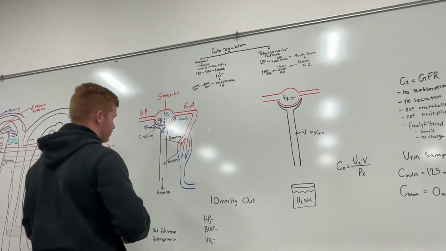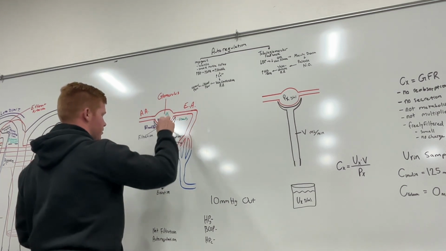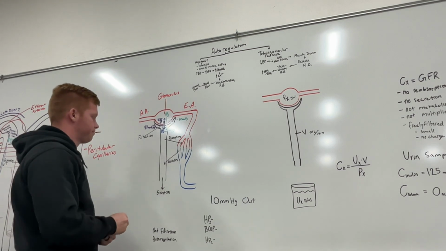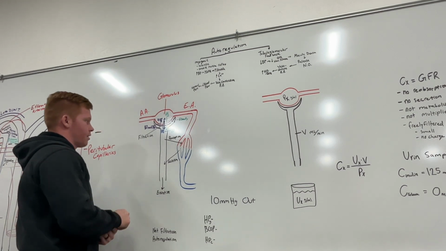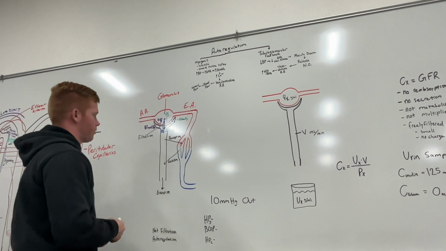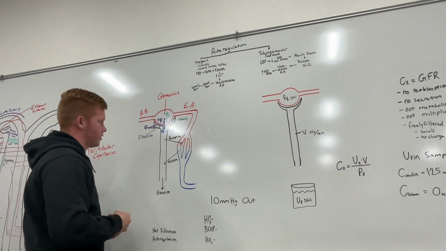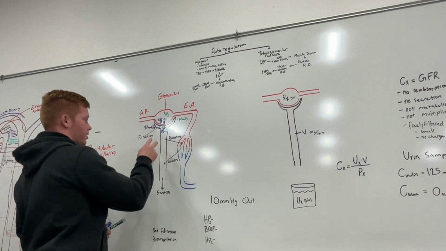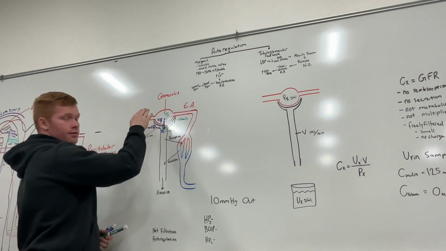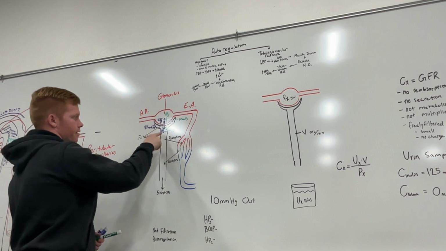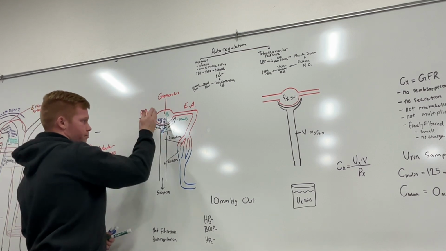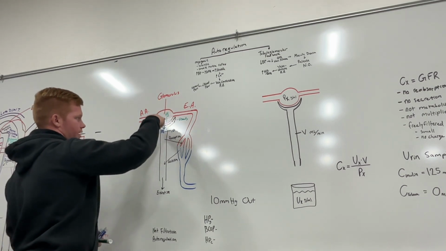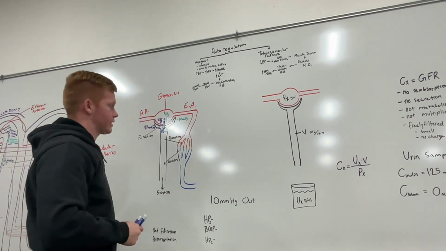You can also call this capsule pressure, the hydrostatic pressure from the Bowman's capsule. So BCOP brings pressure in, hydrostatic pressure from the Bowman's capsule pushes pressure in, but then we have hydrostatic pressure pushing out from the capillary into Bowman's capsule.